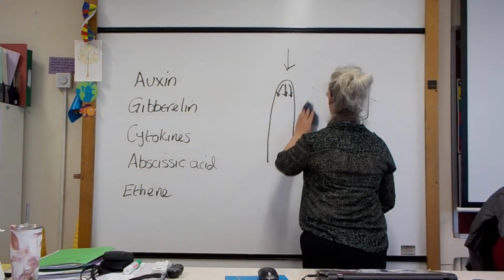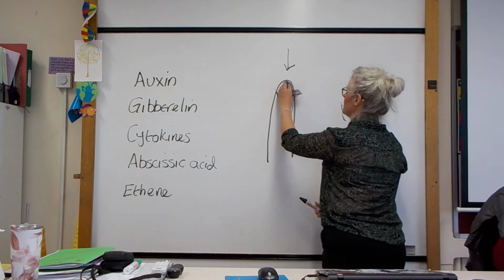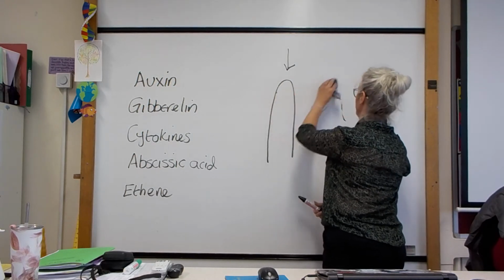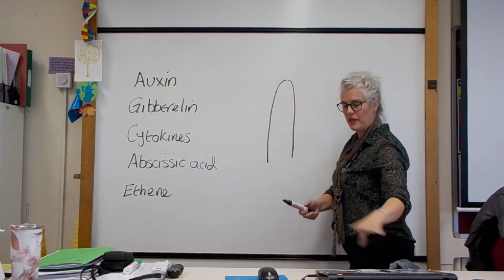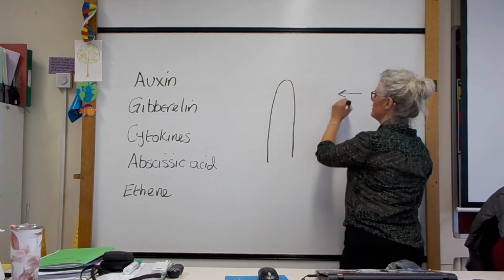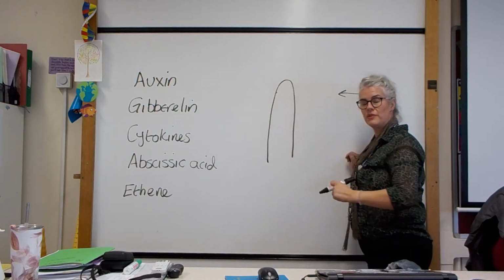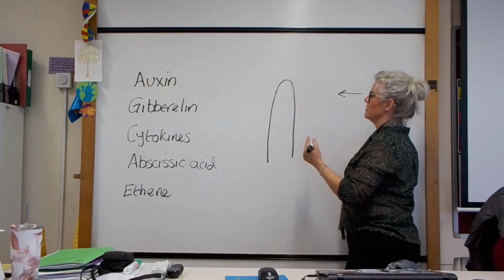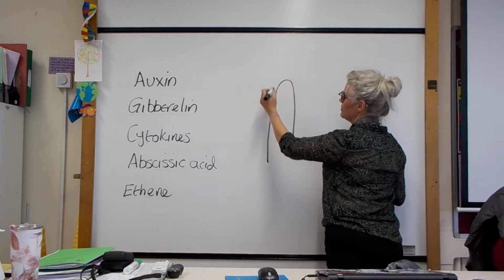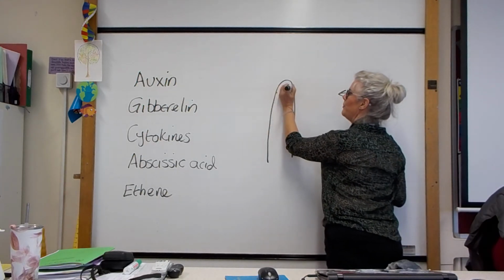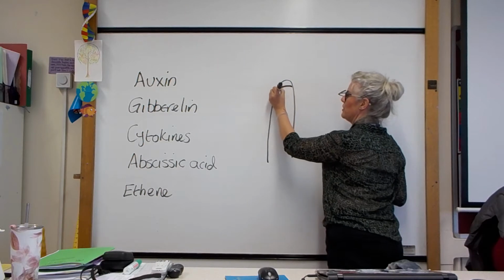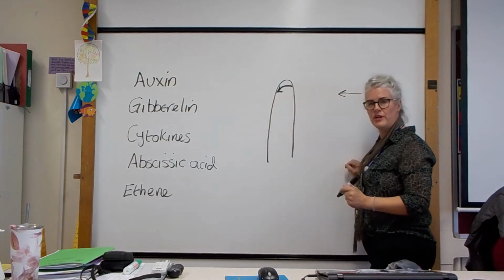So what about if the light is coming from the side? Then again, these light receptors are detecting the light. The cells just behind are producing the auxin, but the auxin will diffuse away from the direction of the light.